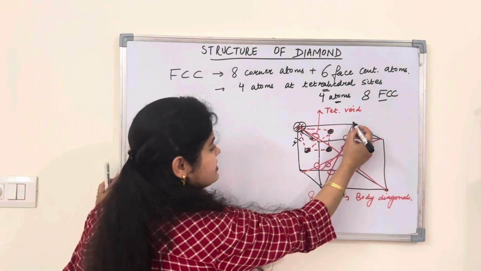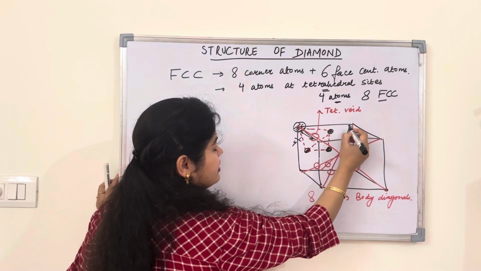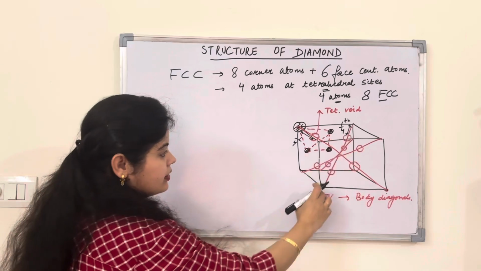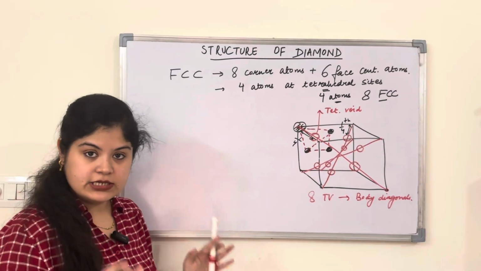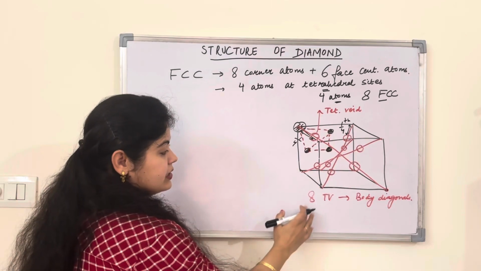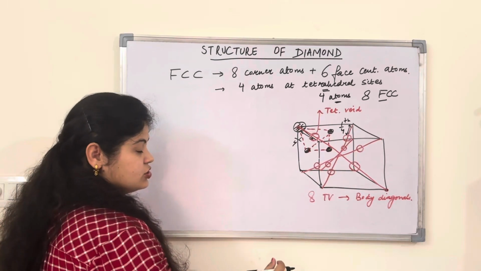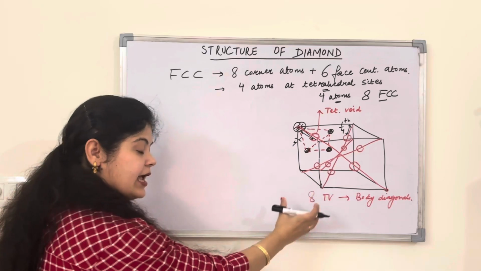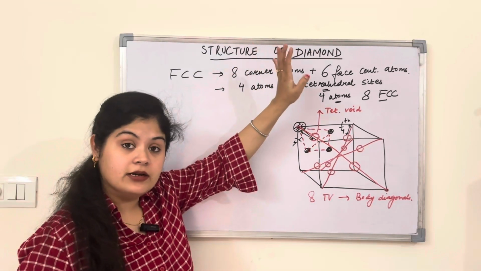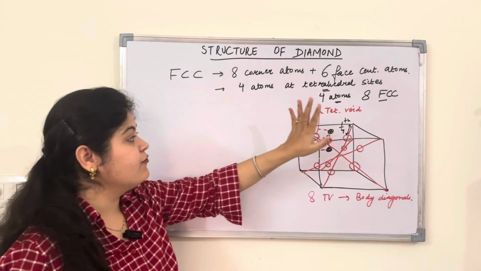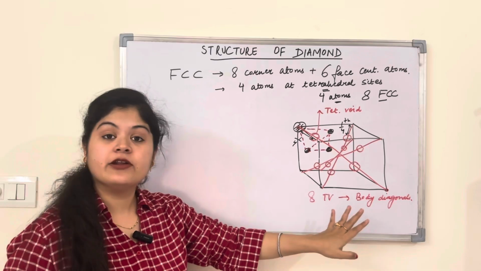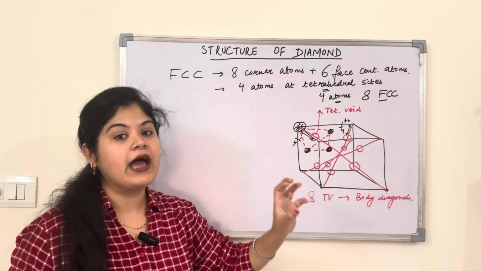That means all these tetrahedral sites are located at 1/4 of the body diagonal. So this is important, and there are 4 body diagonals in FCC structure. Now, in a diamond structure, we have 4 atoms. That means 4 out of 8 tetrahedral sites are filled with atoms.